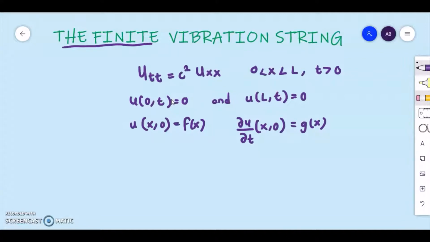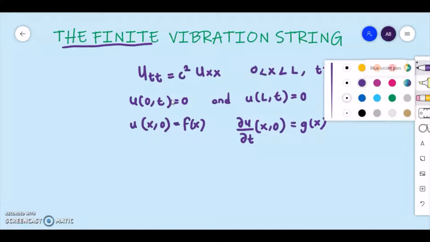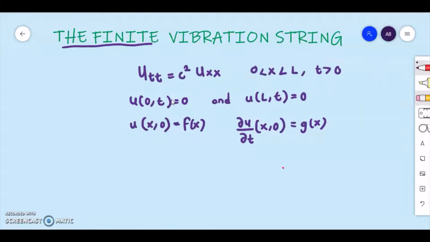So what do these boundary conditions tell us? We're considering a vibrating string. If the string is fixed at both ends, this is what it means: this boundary condition means the string is fixed at both ends.